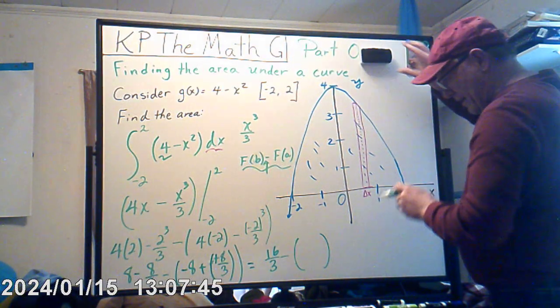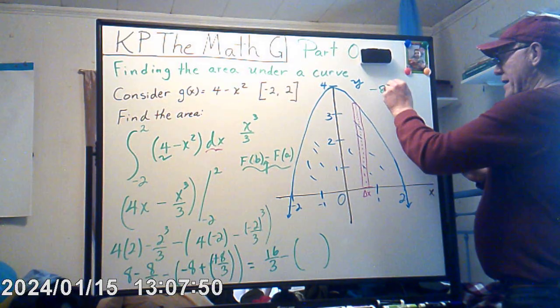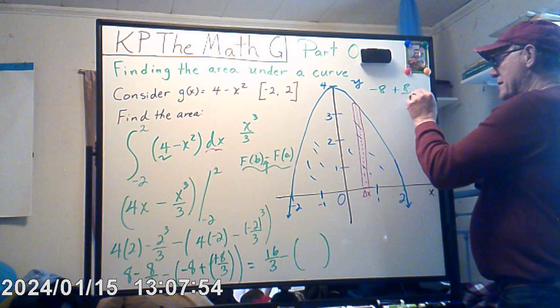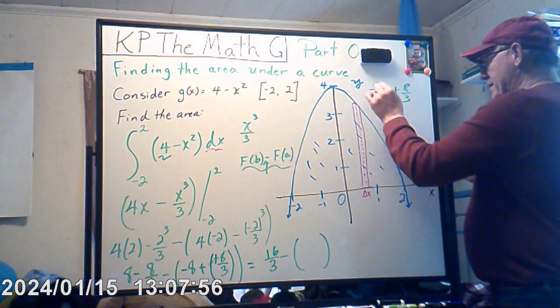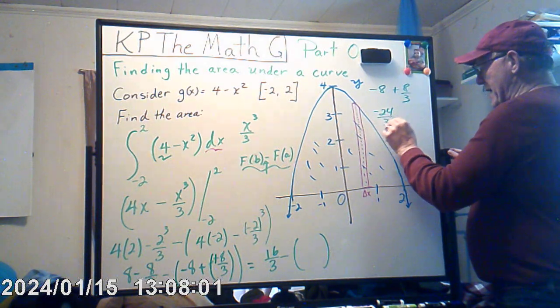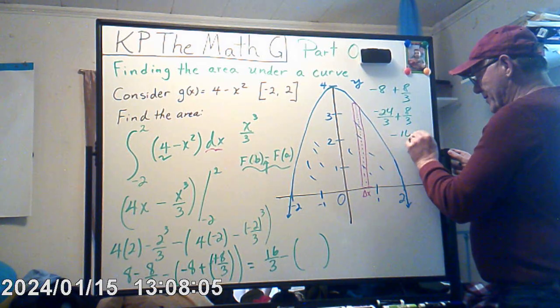Negative 8 plus 8 over 3. So that's negative 24 over 3 plus 8 over 3, and that is negative 16 over 3.